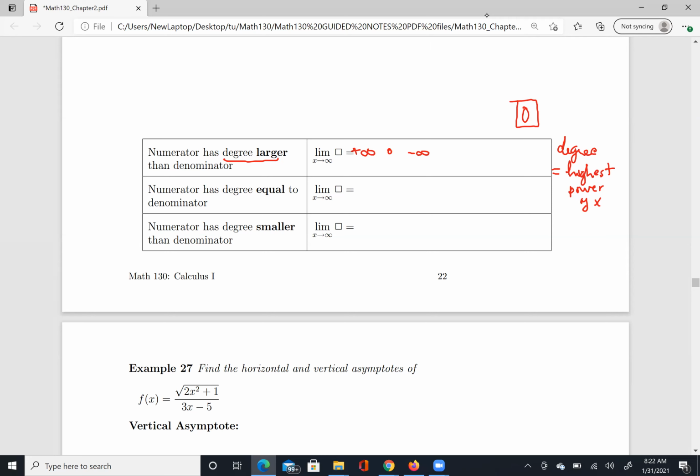Either way, it could be positive or negative, right? If the numerator has degree equal to the denominator, it's right away going to give you the ratio of leading coefficients.